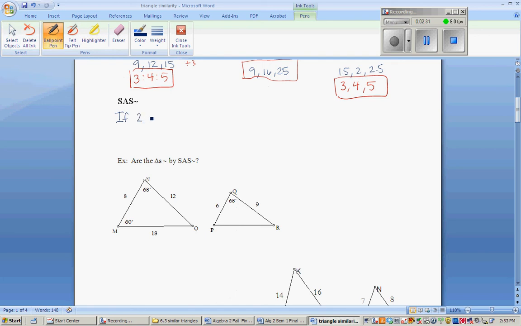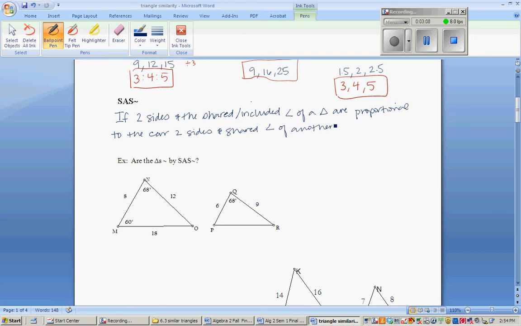If 2 sides and the shared or included angle, remember that's how they like to say it in our book, if 2 sides and the shared or included angle of a triangle are proportional to the corresponding 2 sides and shared angle of another triangle, then the triangles are similar.